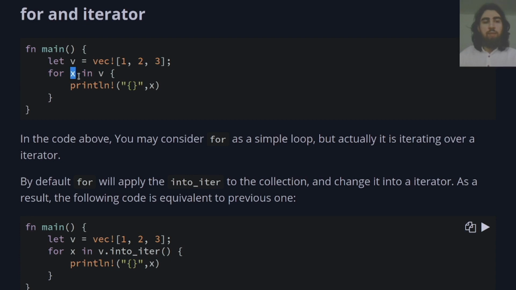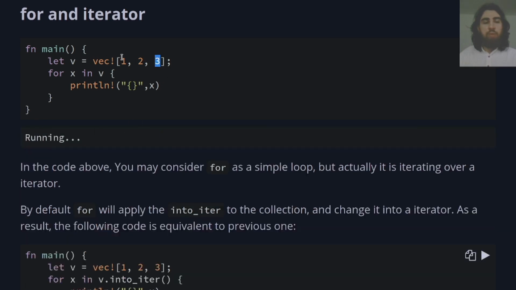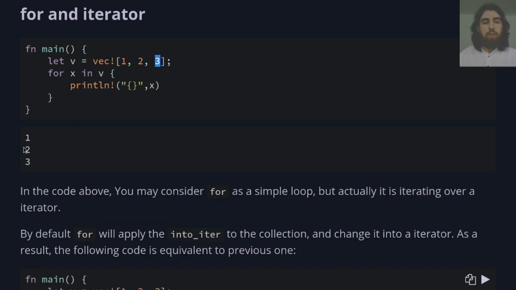And as you can see, the variable x will hold in each iteration one element of the vector. So when we print that out, in each iteration it will just print out x, which means x in the first iteration is 1, then 2, and then 3.